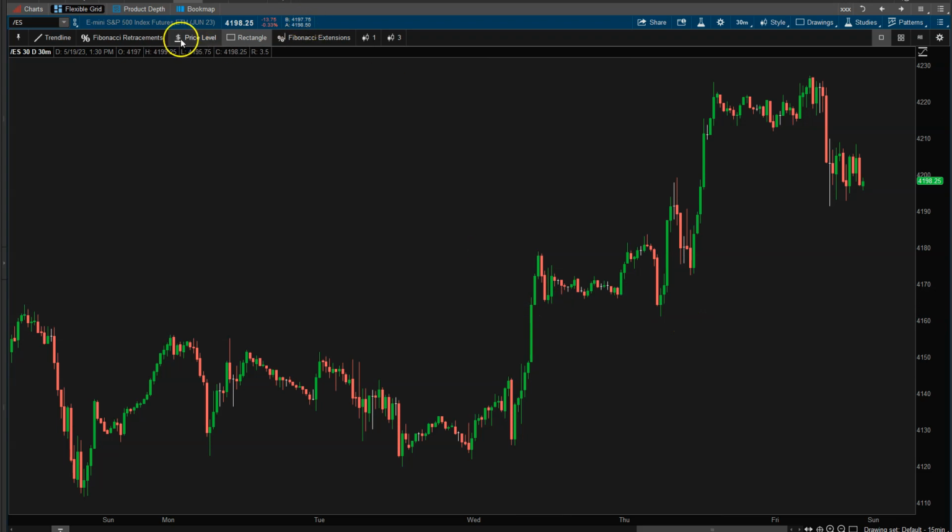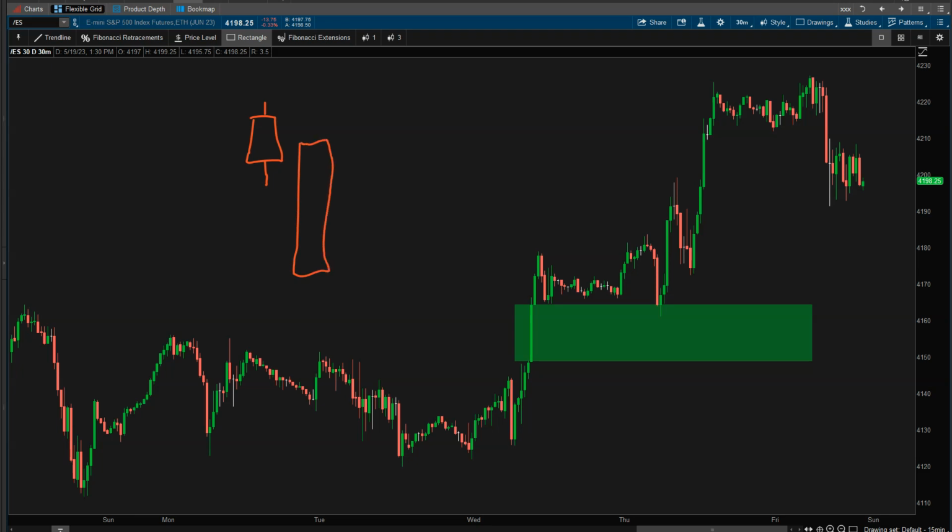There's actually only a couple fair value gaps. There's one right here. Okay, and remember, a fair value gap is something that looks very similar to this right here. It's a 3-candle pattern, right? So you have a candle here, and then you have another big candle here that might look something like this.